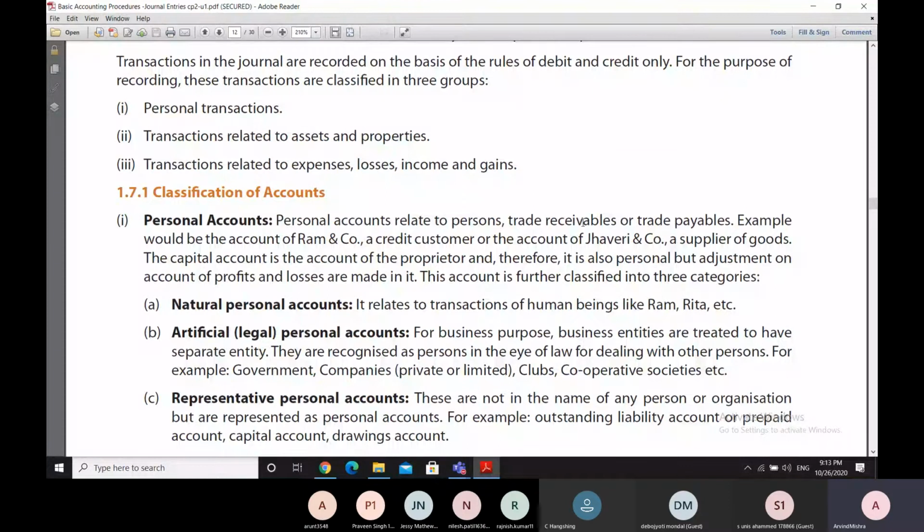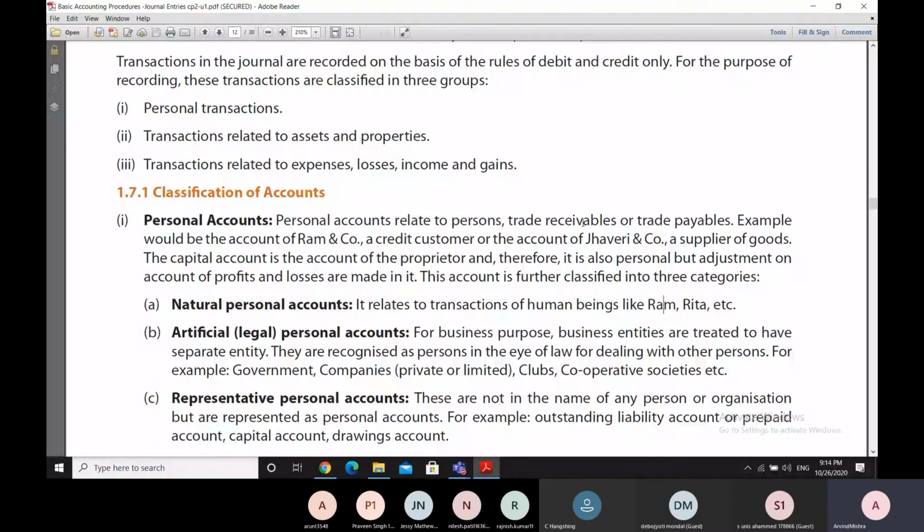Now this personal account is further classified into three categories. First of all, we have to understand the personal account relates to either a trade receivable or a trade payable, because we are buying from somebody and we have to repay that person, or we are selling to somebody and we are going to get money from that person.